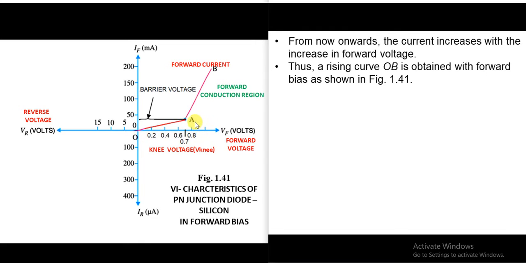The current increases sharply after the point A, and this point A is known as the knee voltage or the cut-in voltage. That is, the potential barrier is broken and the current rises sharply, and this current is called the forward current.